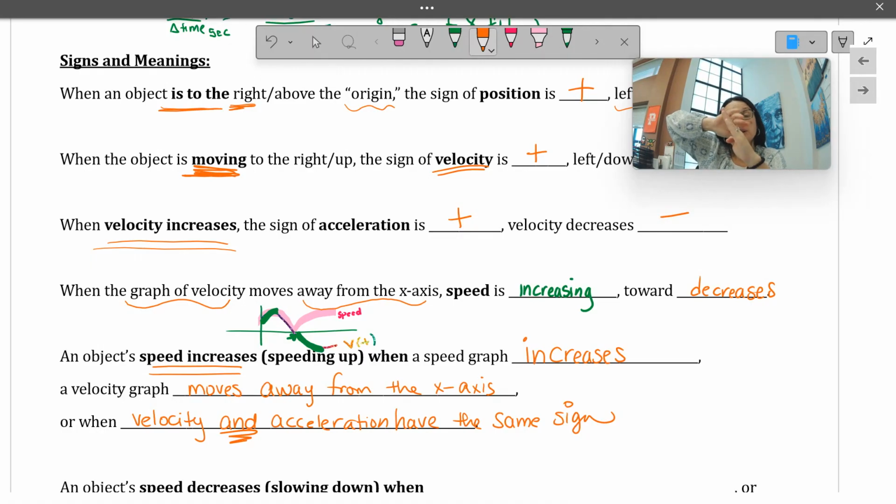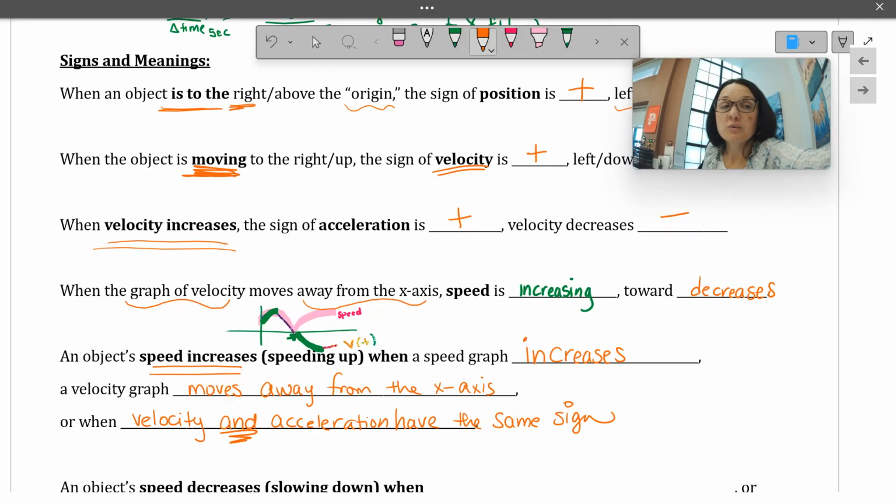So if velocity is positive and increasing, that would mean velocity is positive and acceleration is positive. Got me? Or if velocity looks like this, but it's below the x-axis, if velocity is negative and decreasing, that means my velocity is negative and the slope of the velocity is negative, which means velocity and acceleration would have the same sign again.